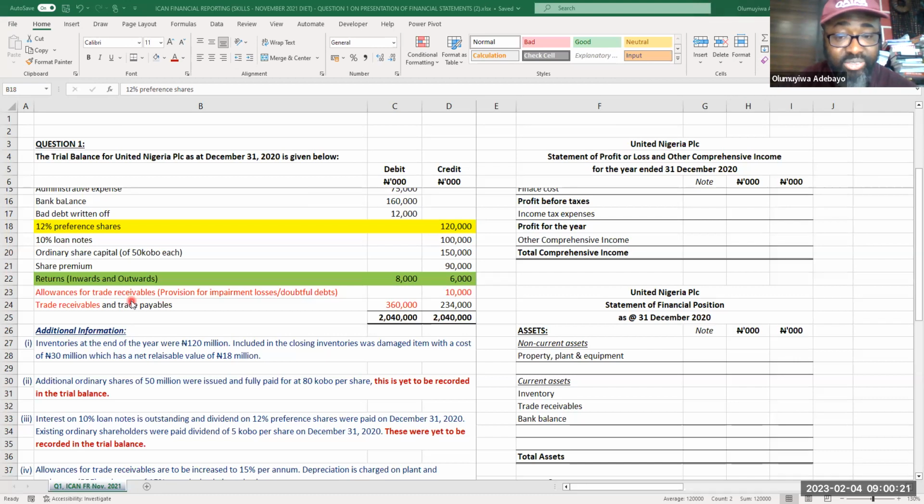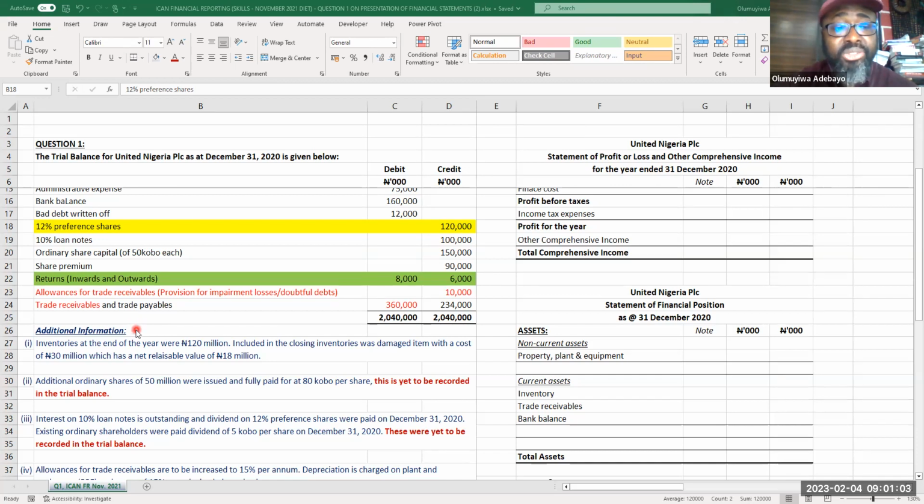Now, let me refresh your mind again to our discussion before now. Whenever preference share capital is treated as a liability, the preference dividend paid on it is treated as a finance cost. Forget the word dividend. It is treated as a finance cost. Whenever you treat preference share capital as equity, the preference dividend will be treated as a distribution, not an expense, which means it will be treated as a deduction in similar way we deduct dividend due or paid to ordinary shareholders from retained earnings.